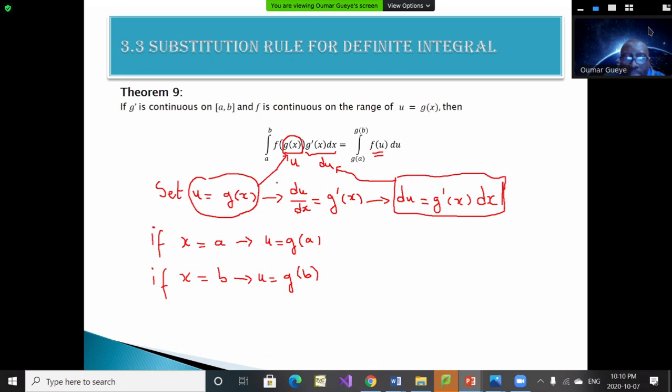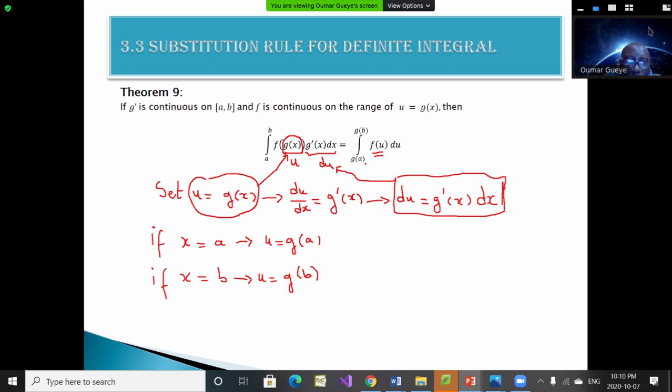Now your integral becomes only f of u, and all this is your du, and your new interval is going to be from g of a to g of b, and your integral becomes easier to calculate. And this is what we mean by the substitution rule. When we use it, we're supposed to get an easy integral to calculate. Any question?